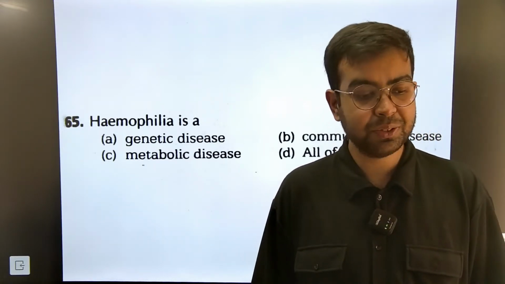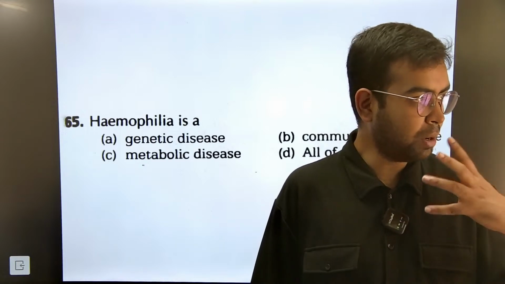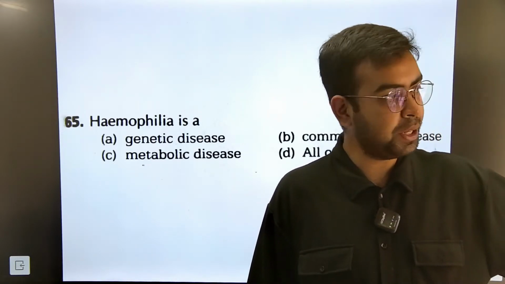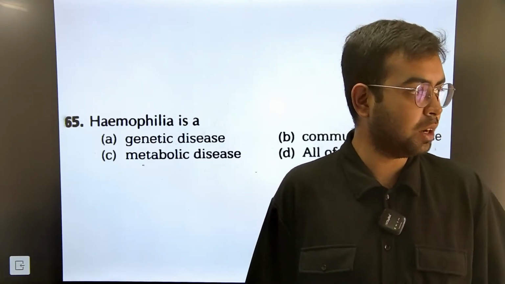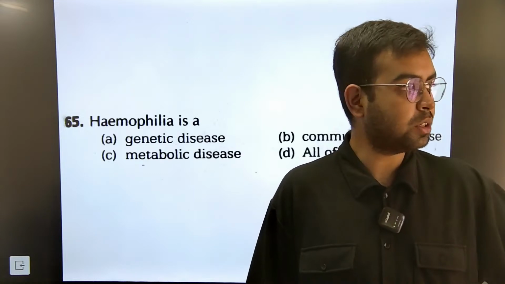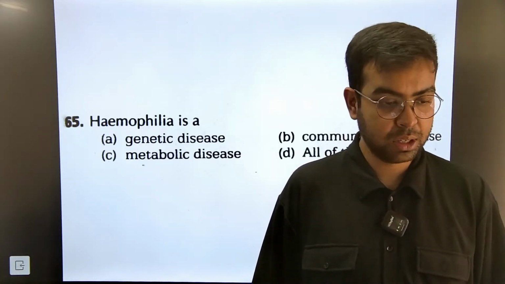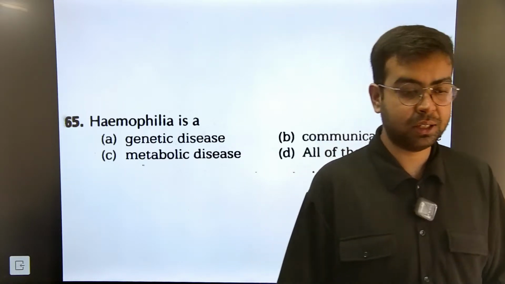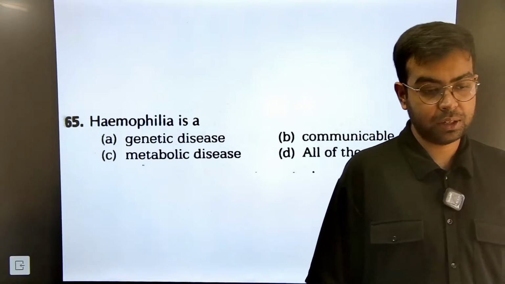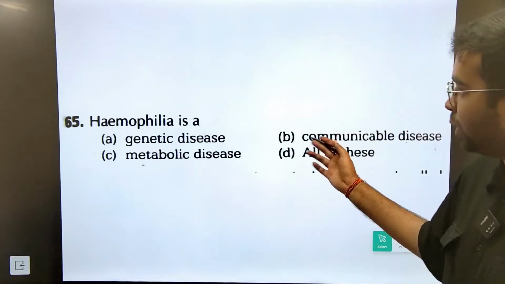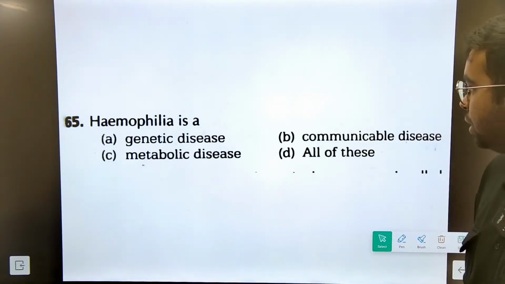For example, the diseases which are spread by germs. Suppose I got chicken pox, I went to meet someone, I did a handshake with that person, now the chicken pox virus got transferred to that person, now he is also suffering. Or the best example is our recent disease, COVID, a communicable disease, it can spread from one person to another. Okay.